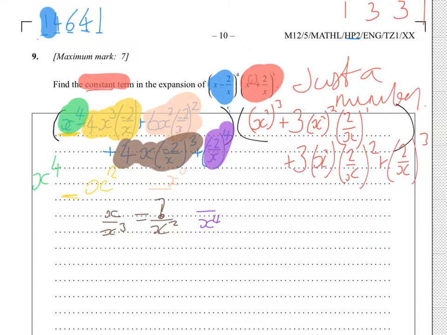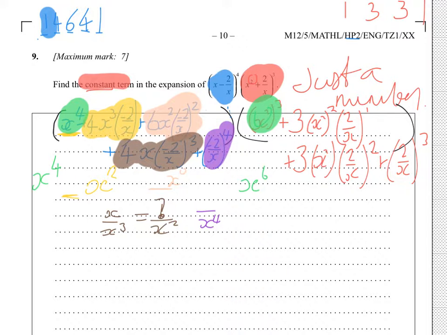Again, because I want to be a bit clever and a bit efficient, I'm going to see what I can do with these terms. So the first one will be x to the 6.